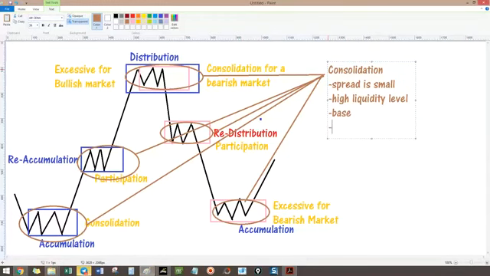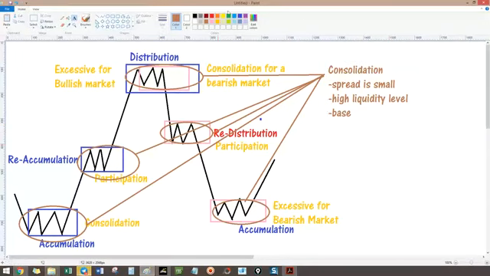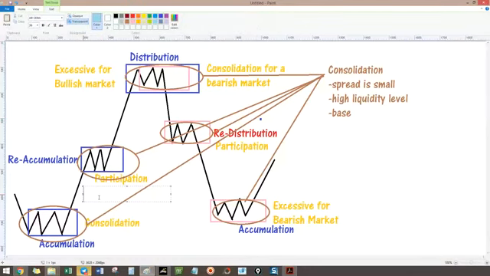So consolidation has a small spread, a high liquidity level, and is also known as a base. And then over here we have markup in price.